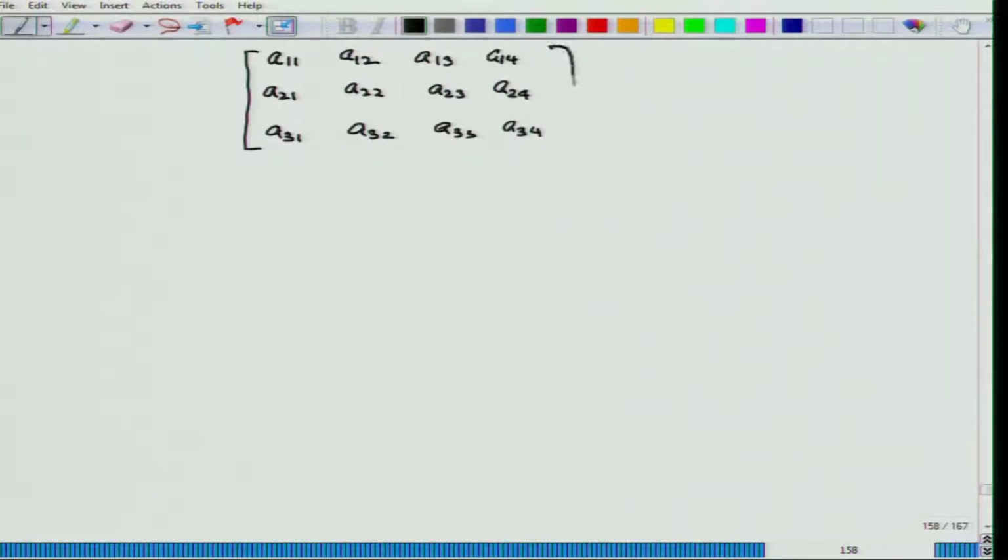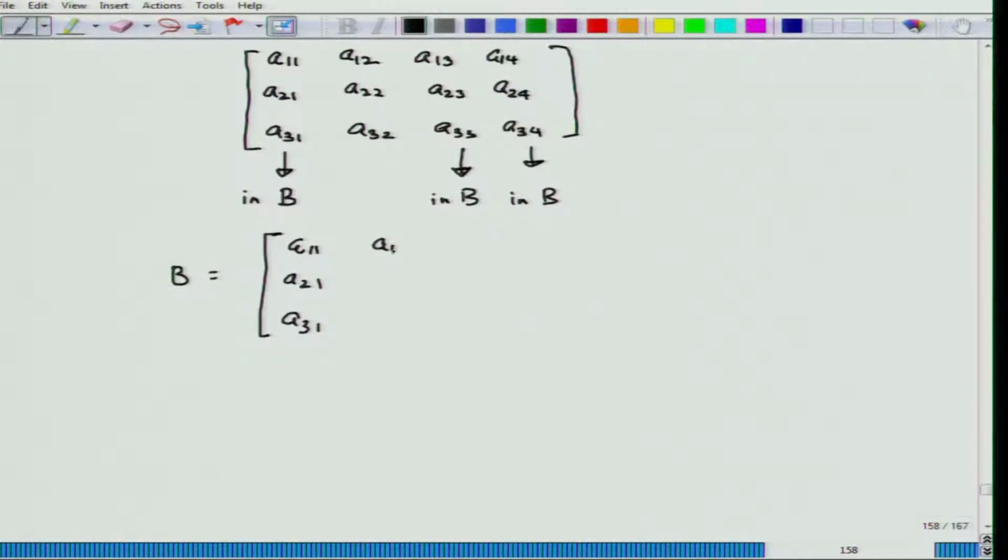If I assume it to be full rank, all these rows are linearly independent. So, I can choose any 3 columns which are linearly independent. Suppose this goes in B, this goes in B, and this goes in B. So, my B would now look like the following. Just stack up the columns, nothing else.